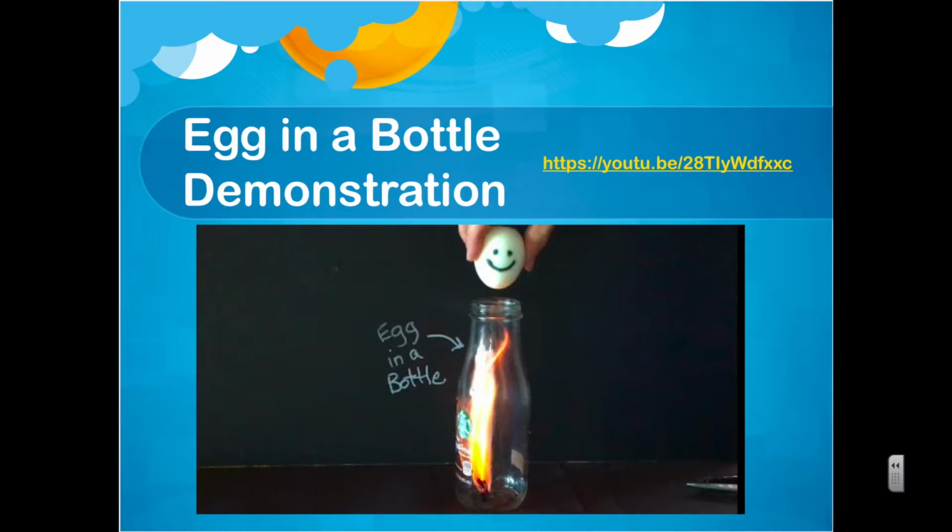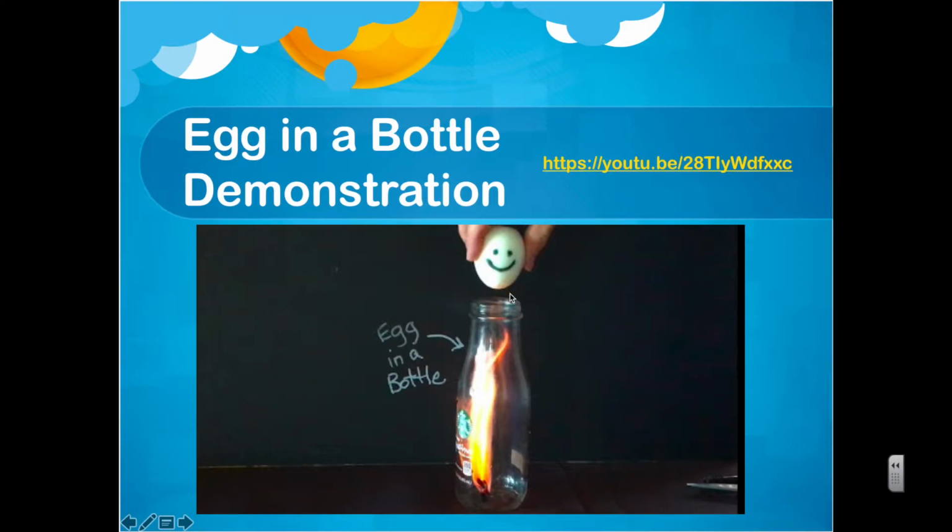If not, go ahead and stop this, go back, watch this demonstration because it's going to be important for the next part. But simply, we had an egg, and it will not fit through this opening in the bottle. However, if we light a piece of paper in here, it's going to increase the temperature.